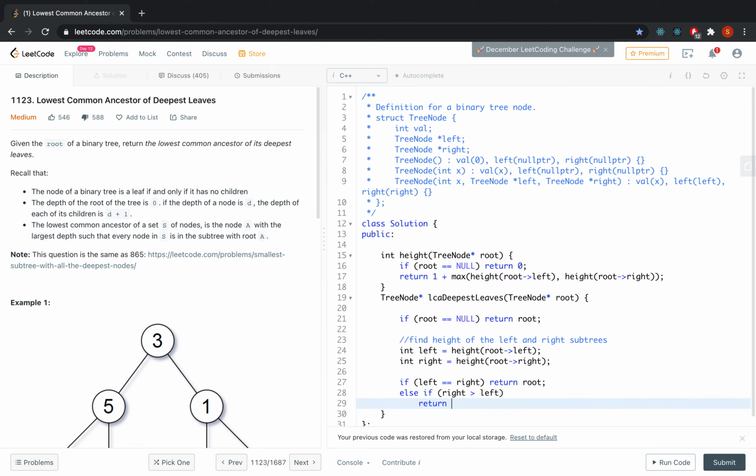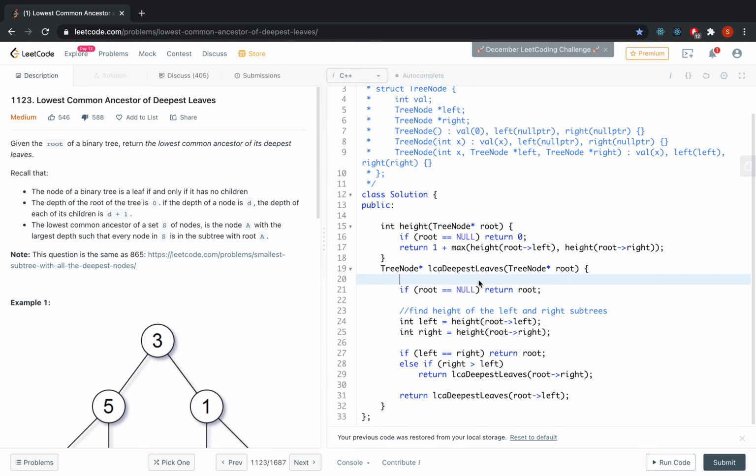You're going to say return, then you paste this, then you call this function on the right subtree. And then else, if that's not the case, then you're basically going to be exploring the left subtree. So you can just say return the same function on the left subtree.